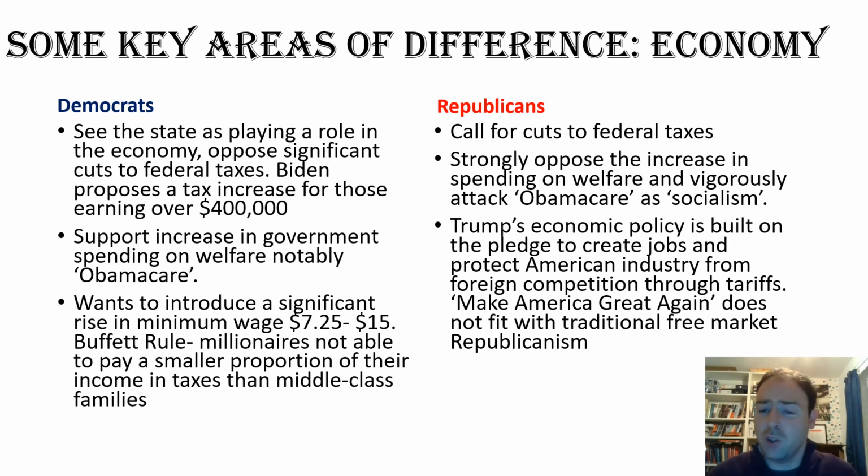He wants us to spend more on welfare, notably the Affordable Care Act, or Obamacare as it is often referred to. He also wants to make a significant rise in the minimum wage from $7.25 to $15. And also something, and this goes back to 2016, known as the Buffett rule, where millionaires are not able to pay a smaller proportion of their income in taxes than your typical middle-class family.